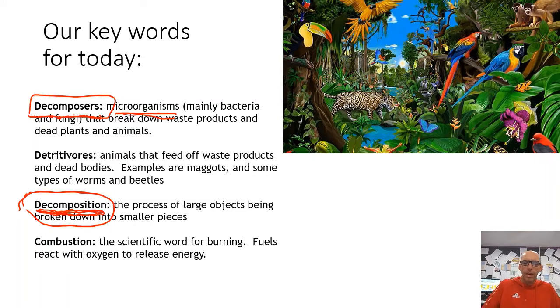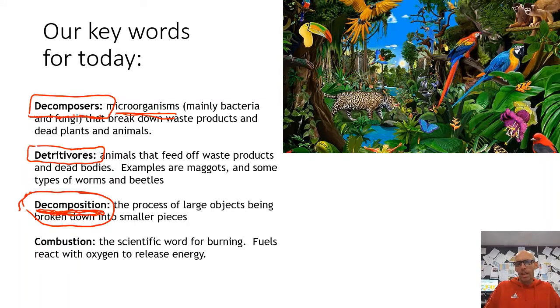The other term here, detrivore, you would know, hopefully, that a carnivore eats meat, and a herbivore, like a sheep or a rabbit, eats plants, and a detrivore will feed off dead bodies.